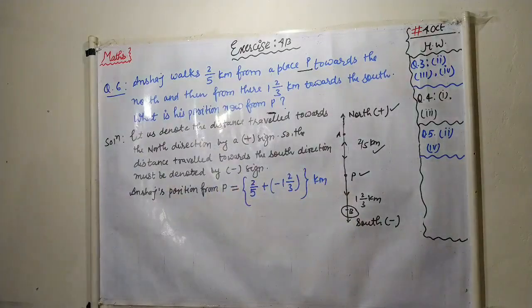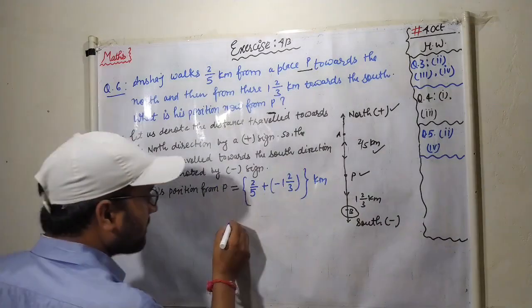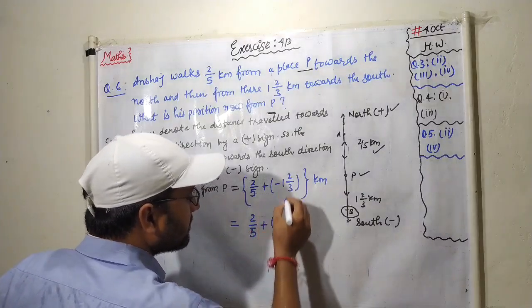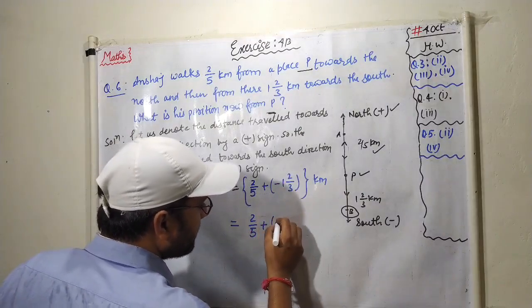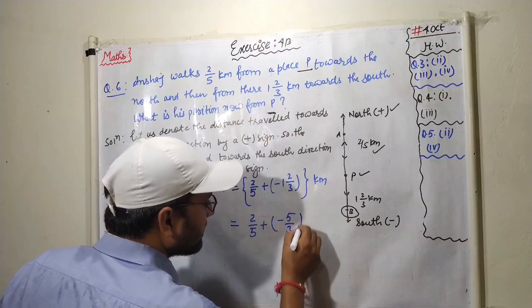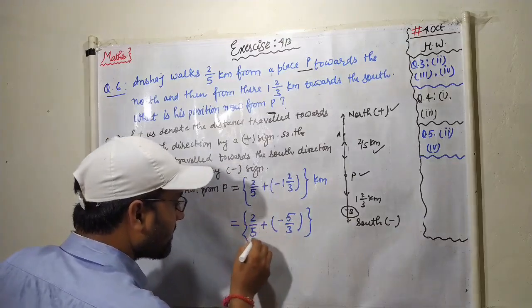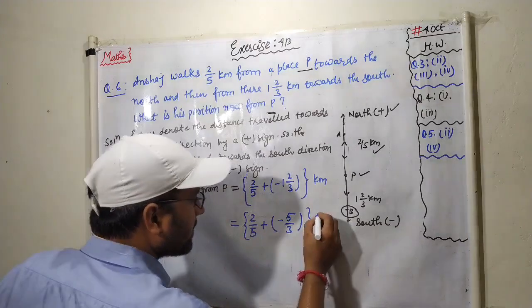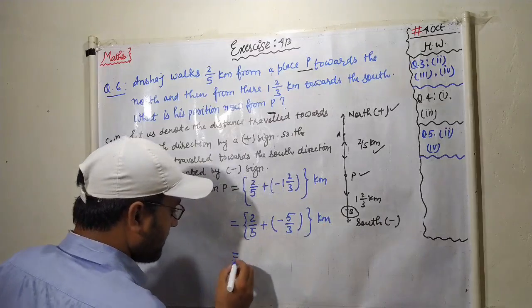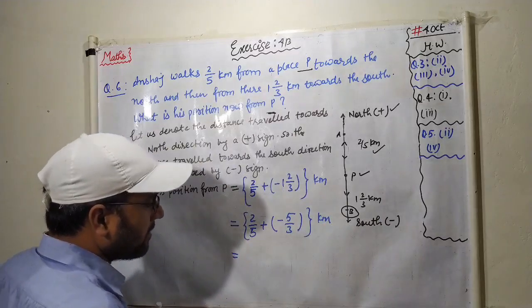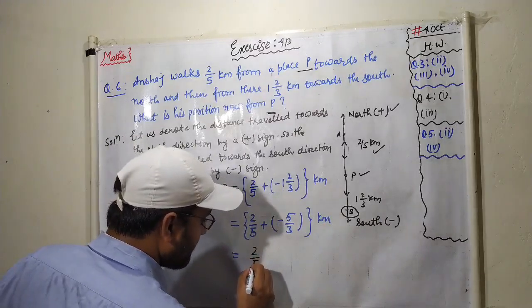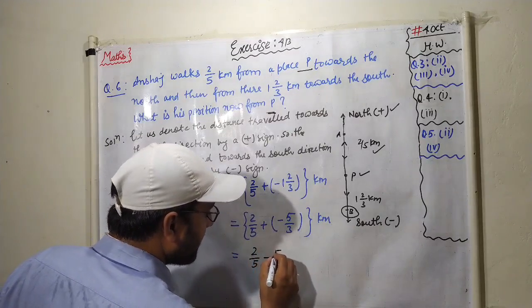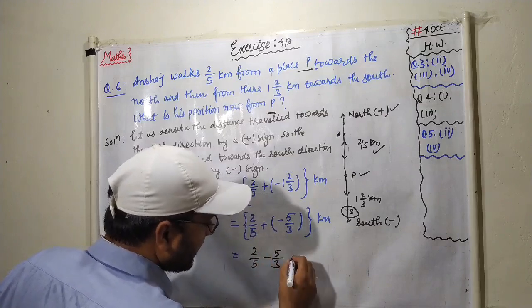Okay, students. Then 2 by 5 plus, change it into an improper fraction, minus 5 by 3 kilometer. Okay, then remove the bracket. 2 upon 5 plus and minus, minus 5 upon 3. Okay, take the LCM of 5 and 3.